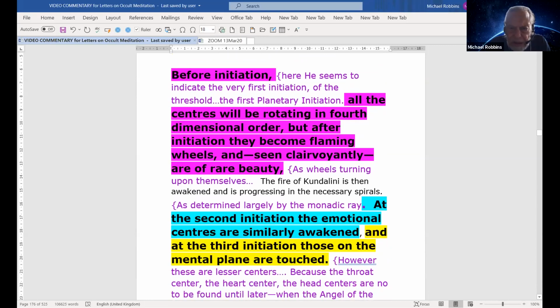So now we finished with period 5, and he's given us some excellent information here about the centers that are found in the astral body and also in the lower mental body. And on the higher mental plane, they don't really exist yet. They exist as the egoic lotus. That means that the solar angel, angel of the presence, have stimulated the process because a gap existed and the entire mental body was not filled in with its centers.